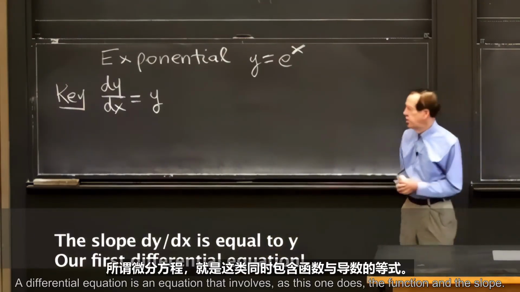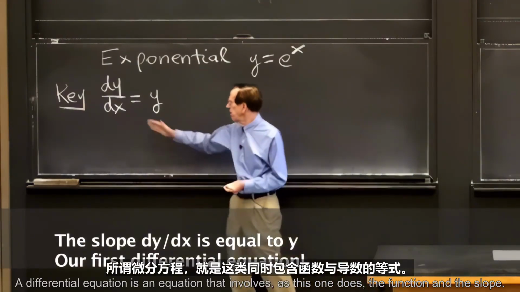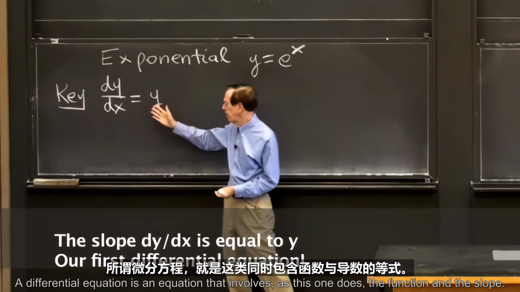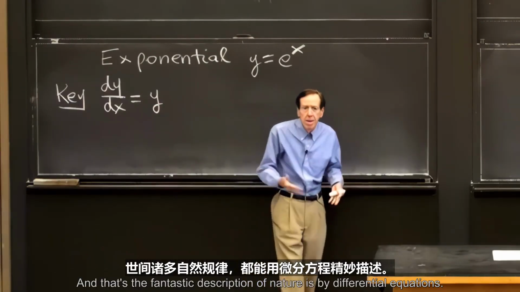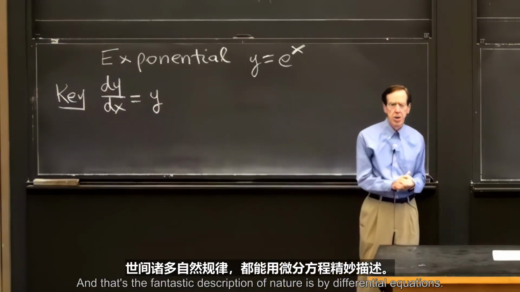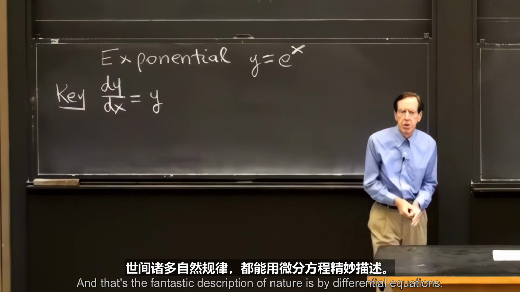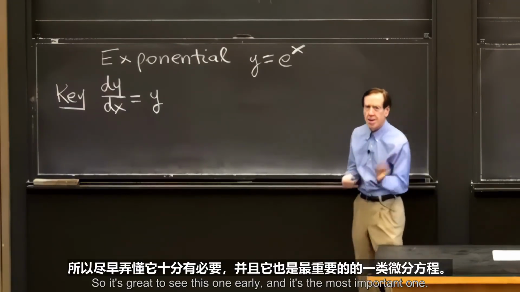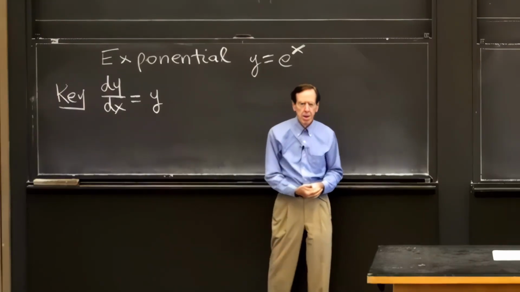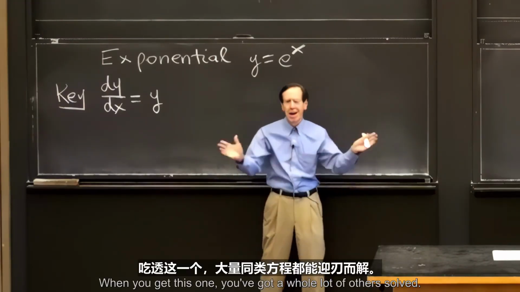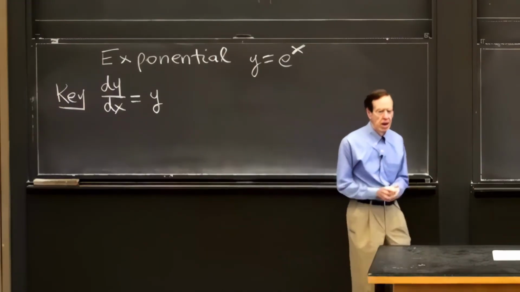A differential equation is an equation that involves, as this one does, the function and the slope. It connects them, and that's the fantastic description of nature, by differential equations. So it's great to see this one early, and it's the most important one. When you get this one, you've got a whole lot of others solved.